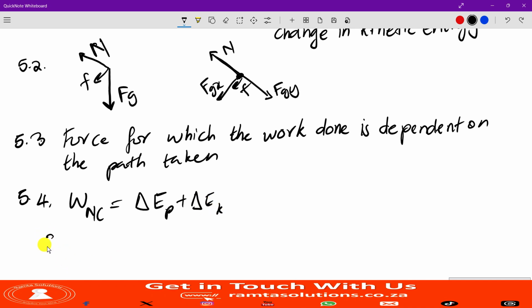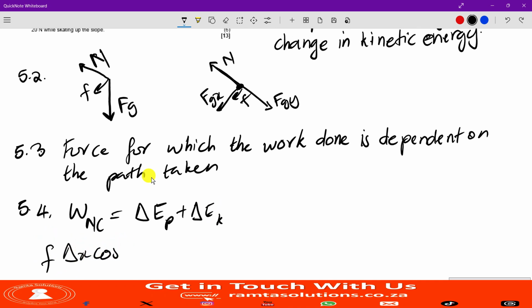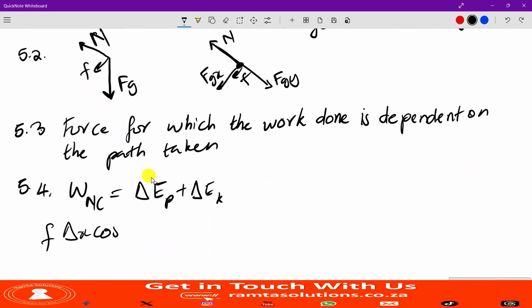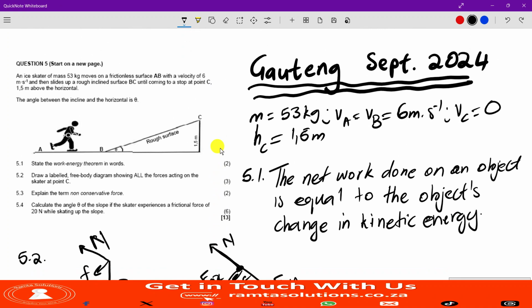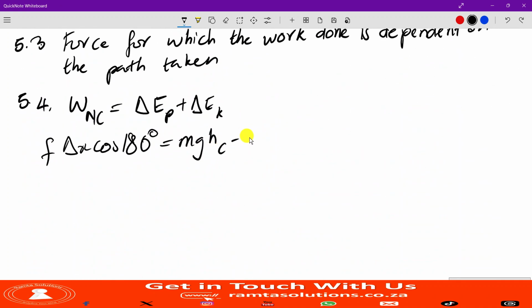Therefore, you will say you have F delta x cos theta. Friction opposes motion, so let me immediately say 180 degrees. Then this is mgh at point C minus mgh at point B, plus half mv squared at point C minus half mv squared at point B.